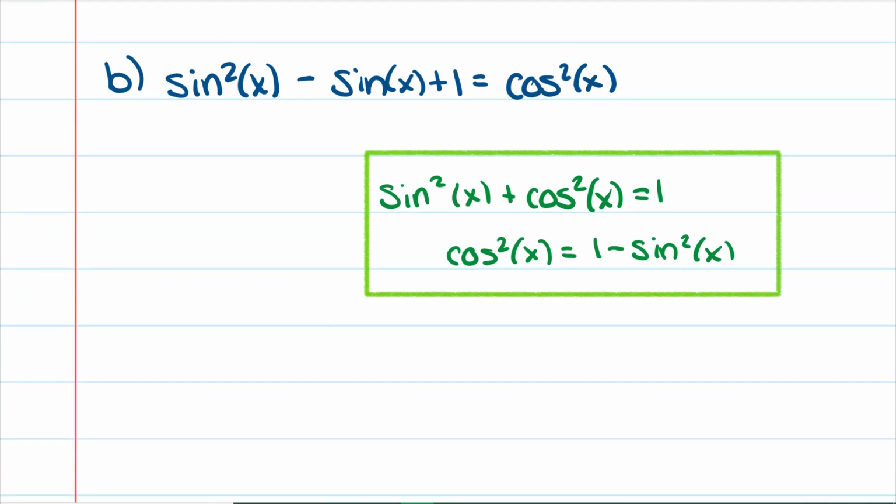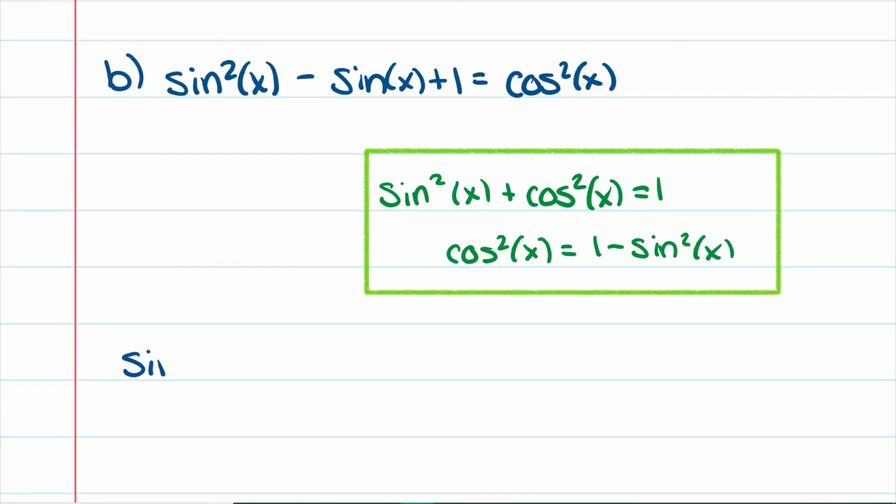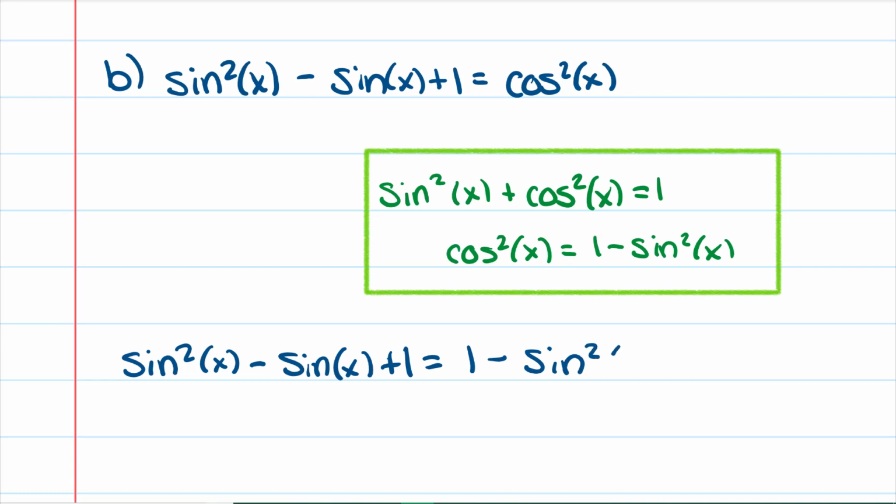So using our identities, I'm going to rewrite this as sine squared of x minus sine of x plus 1 is equal to 1 minus sine squared. So again, this cosine squared became 1 minus sine squared using our identities.